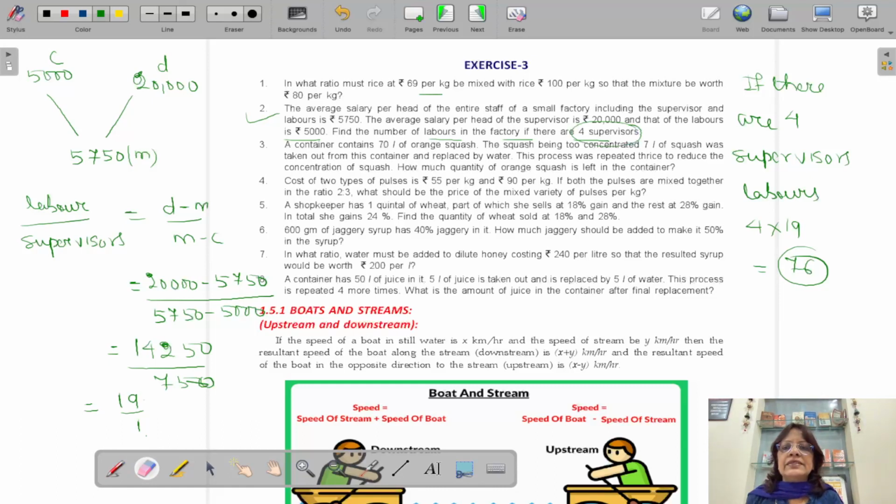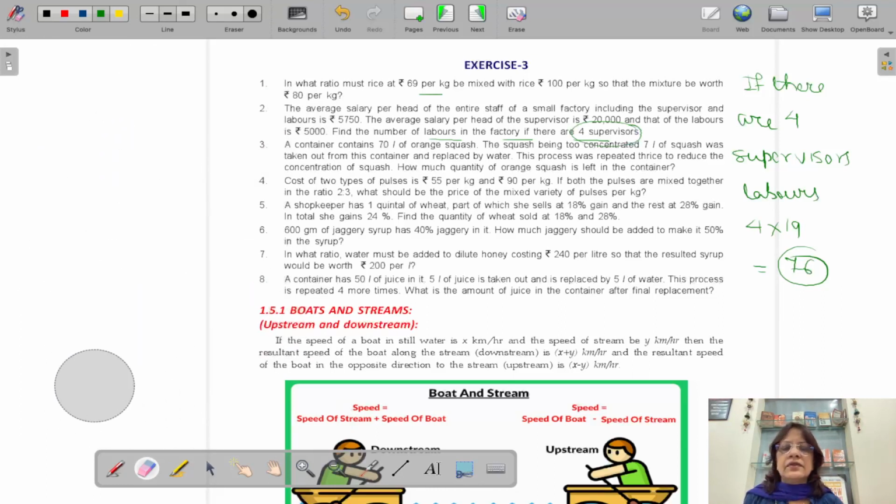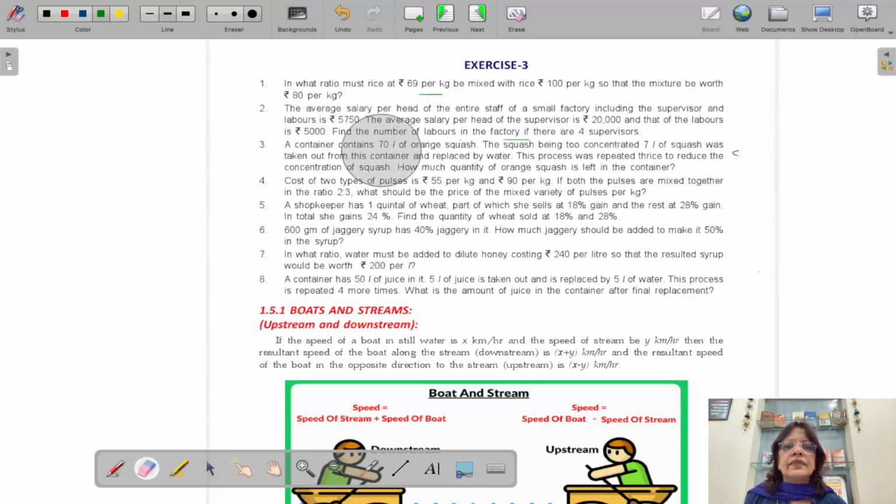Third question says a container contains, so I'll just rub this out. Third is a container contains 70 liters of orange squash. The squash being too concentrated, 7 liters of squash was taken out from the container and replaced by water.